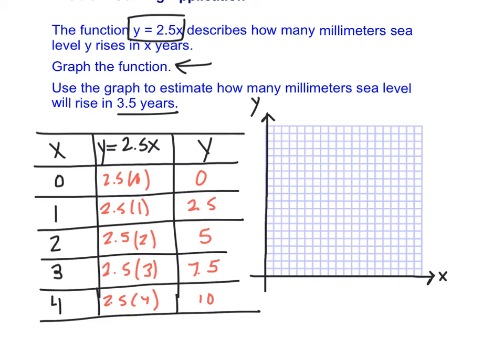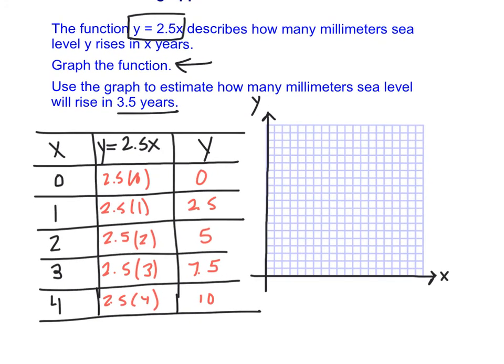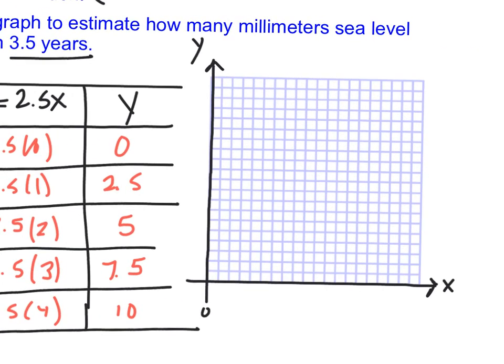Okay, so our x is 0, 1, 2, 3, 4, so 0 will just be right there. And then I might just count by 2's because this graph is so big, I don't want it all squished there at the origin. So I'll make that a 1. That's my 2, 3, and 4.